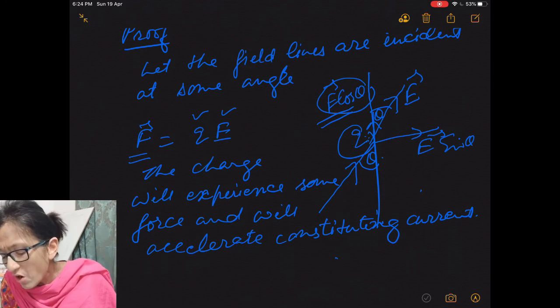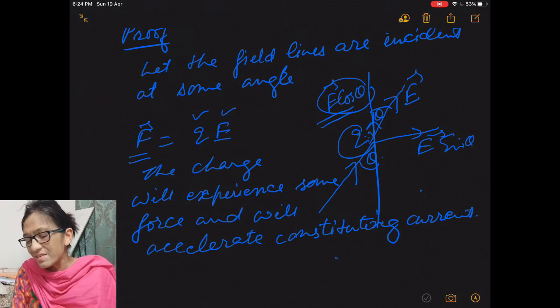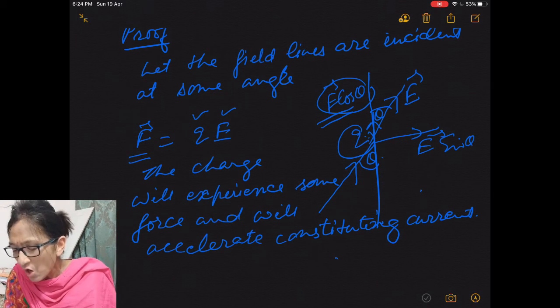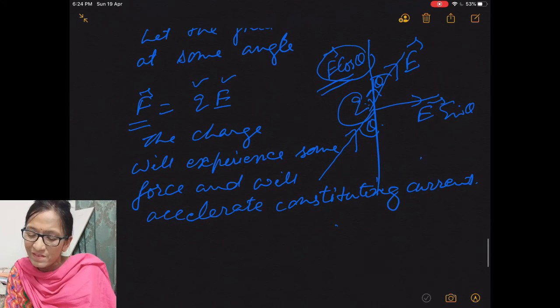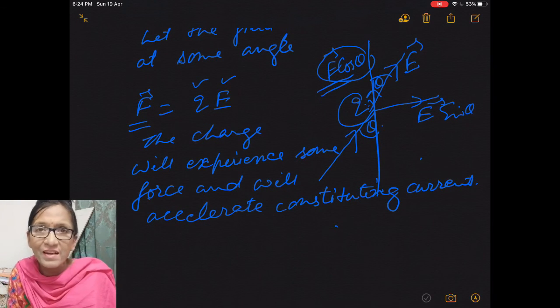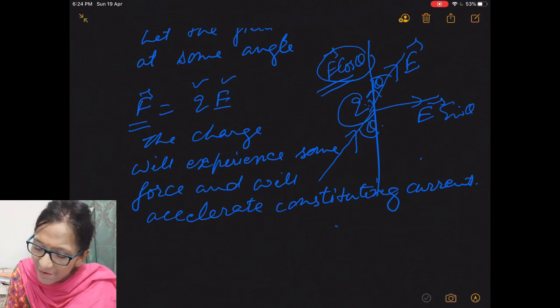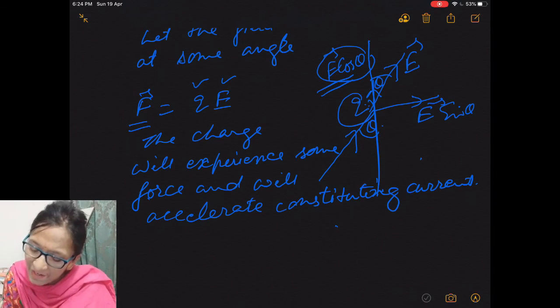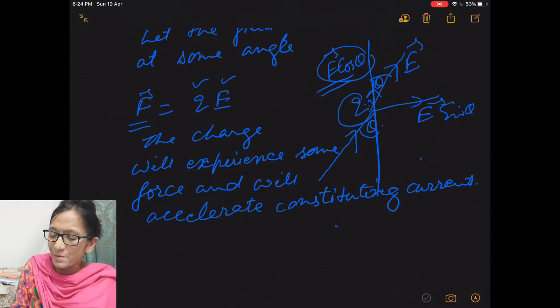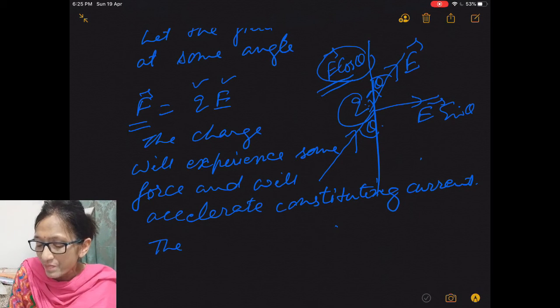But that does not happen. Have you ever seen that without applying any source, without applying any battery, current is flowing by itself? By placing an electric field, that is not possible. We have never seen a current without applying any source of electricity, without connecting a battery.